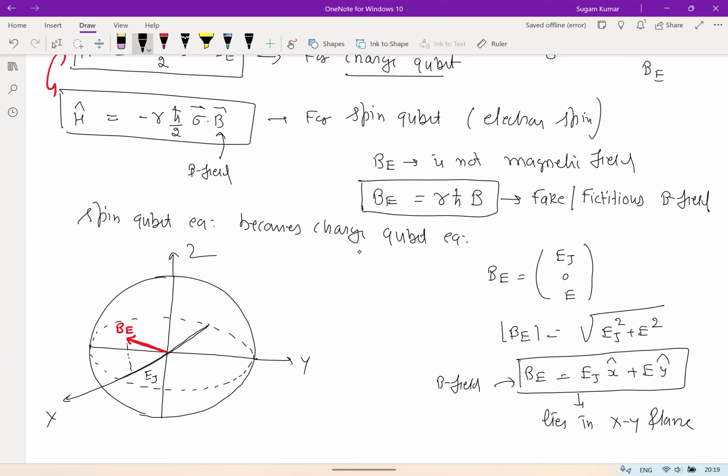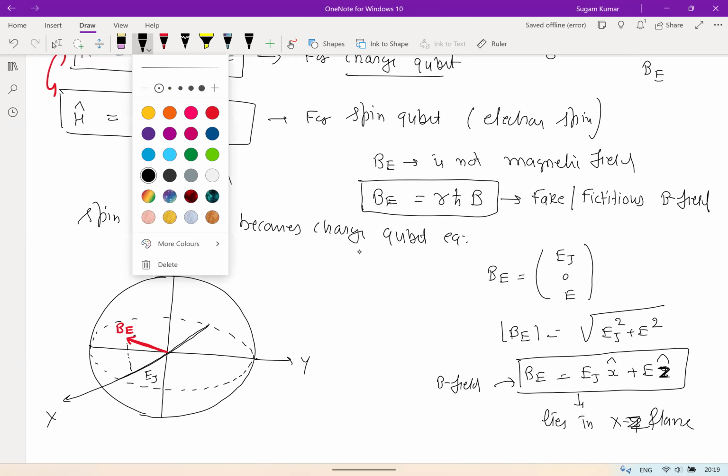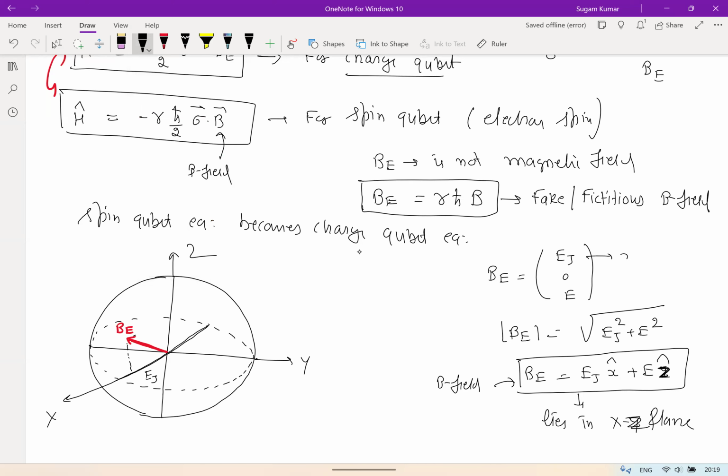It will lie along the Z-axis, so in the XZ plane. Please correct it. It is because only X and Z are there, Y is 0. So along the Z-axis the component is E. This much component is E and this much component is E_J. And this is actually behaving like a magnetic field.